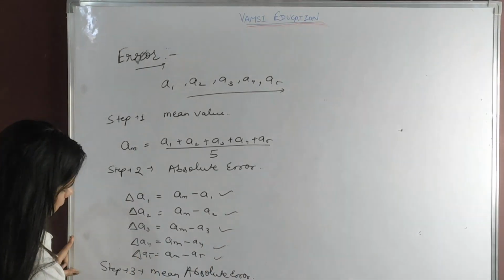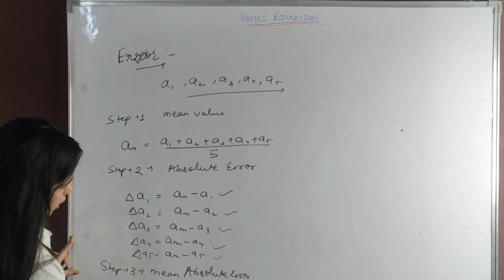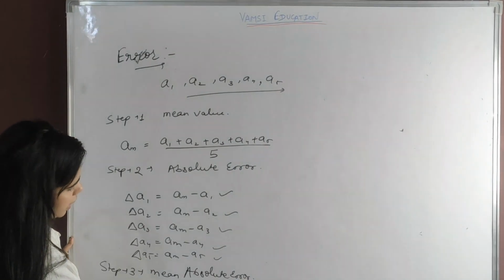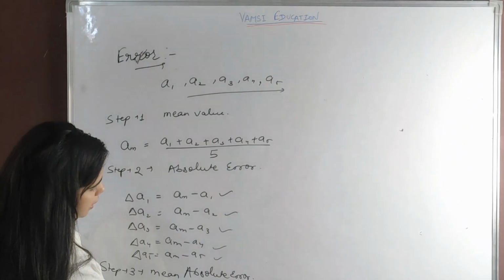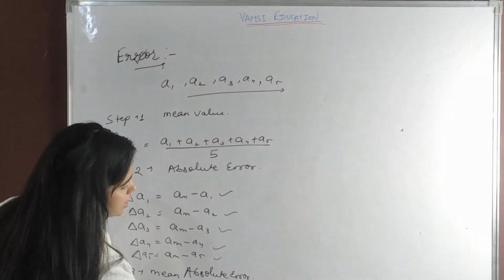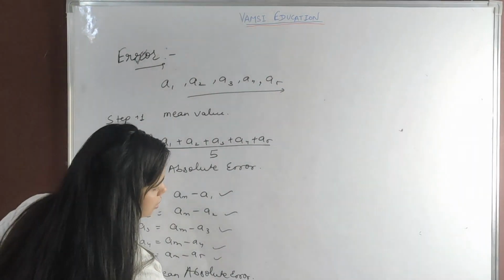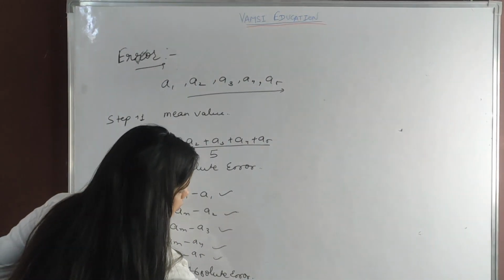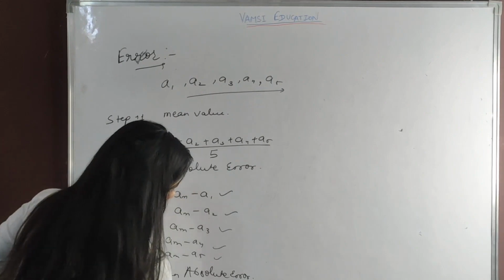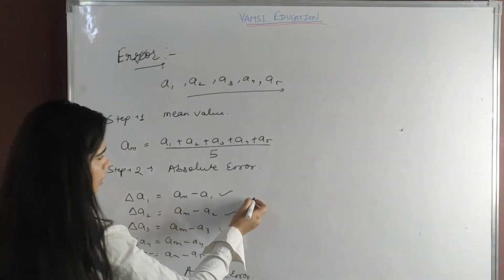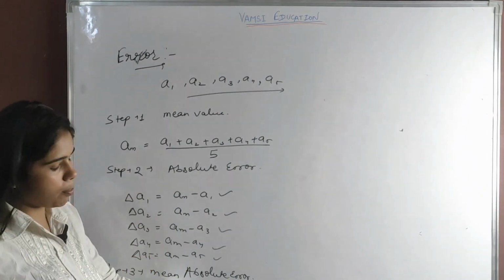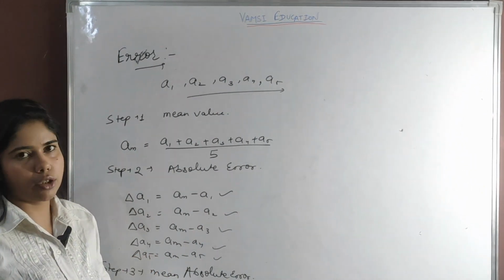So we have to write del A1 plus del A2 plus del A3 plus del A4 plus del A5, all in magnitude. Why are we using magnitude here? Because we can get both negative or positive absolute errors, but we have to use only positive values. That's why we are using the magnitude here.